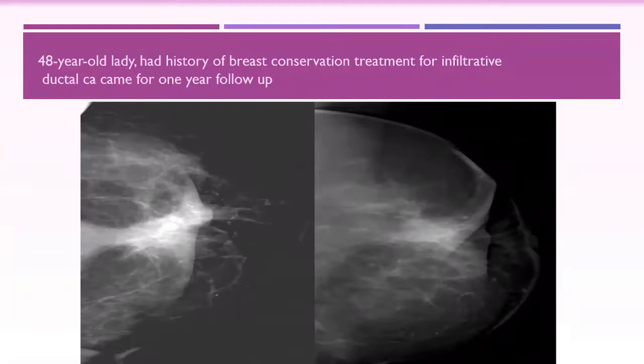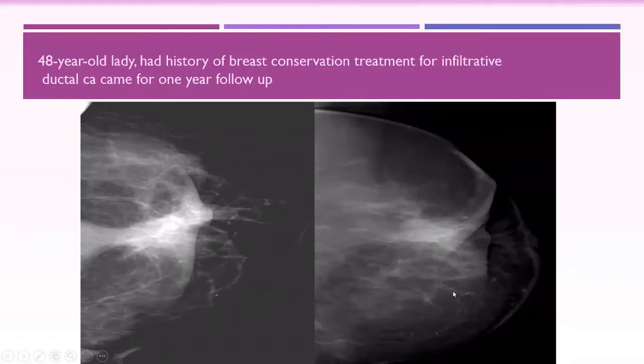And what is new? There is retraction. The distortion is there, but the density, the asymmetry getting smaller, but you could appreciate some microcalcification.